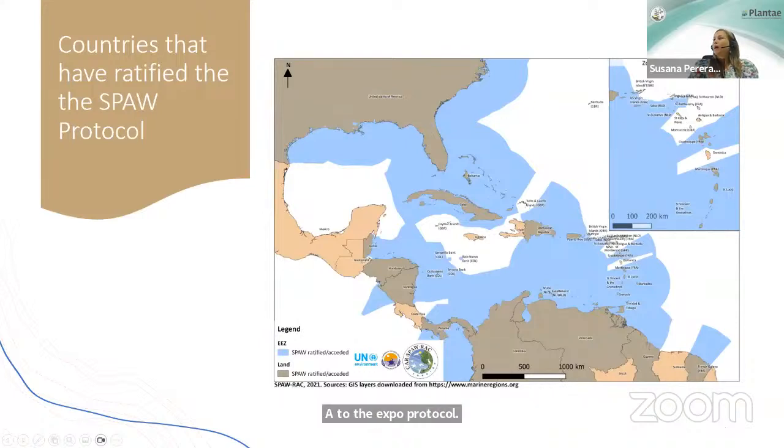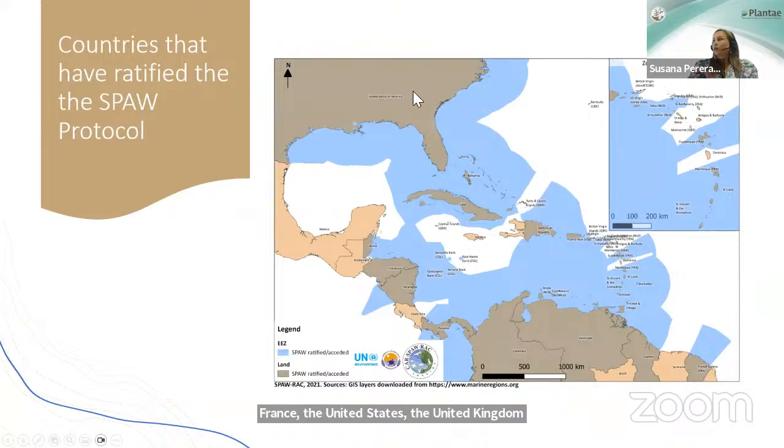And on this map, you can see the countries that have ratified the SPAW protocol today. There are 28 countries in the region, including countries that have several territories like France, the United States, the United Kingdom, and the Netherlands.